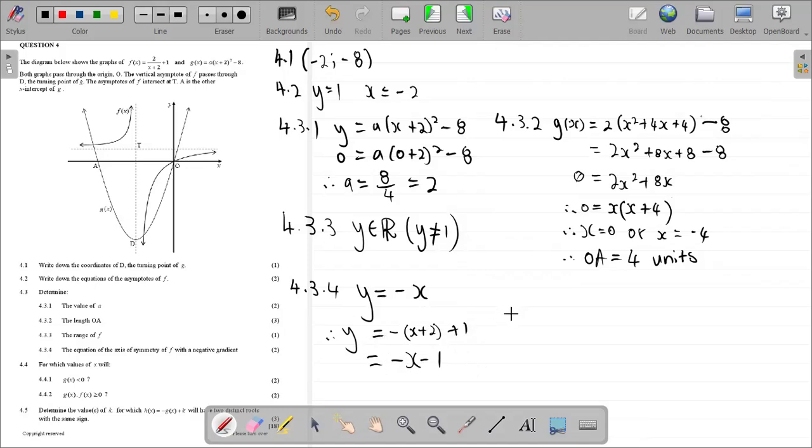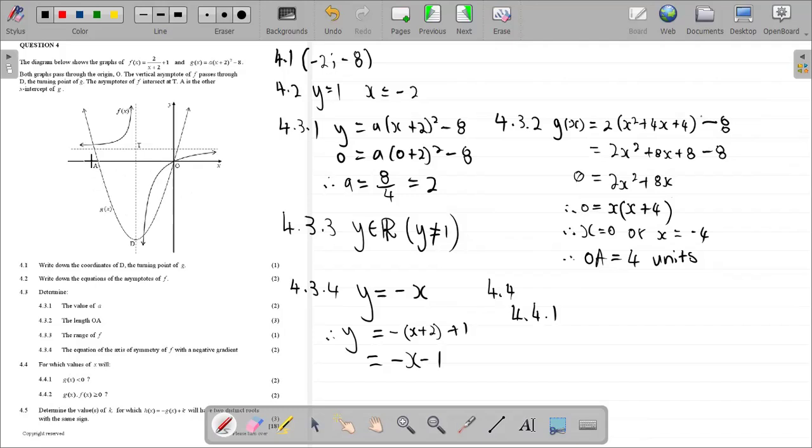Let's go to 4.4, and then 4.4.1. They say, for which values of x will g of x be less than 0? G of x is here. When will it be less than 0?